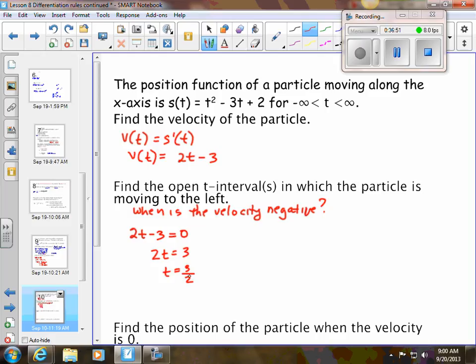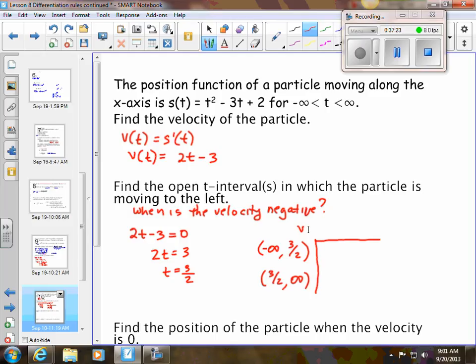So at time equals 3/2 units, it changes direction. If I analyze the velocity in a little sign chart, starting with negative infinity for t and going to 3/2 units, and then 3/2 to positive infinity.